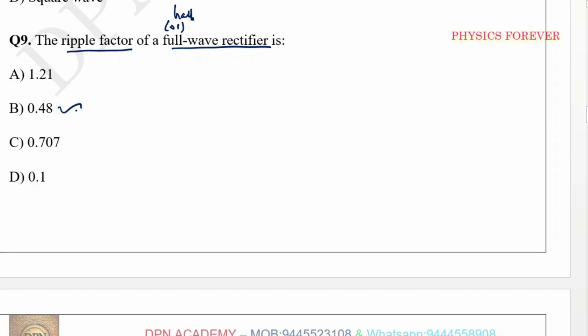So maybe sometimes in 12th NEET one of the 2 marks or sometimes 5 marks la we have to solve பண்ண சொல்லுவாங்க. Okay, but sometimes they should be asking 1 mark. So ripple factor for full wave rectifier is 0.48. Okay, then 1.21 for that should be a half wave rectifier.